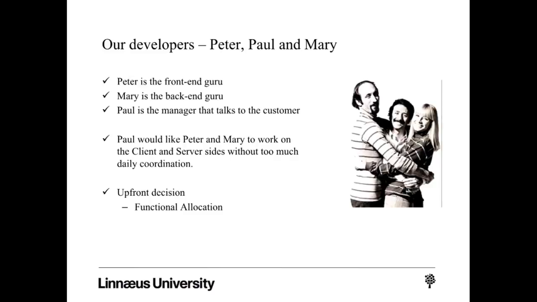If Peter and Mary don't communicate about this before they branch out, we might end up with a client and a server that has overlapping functionality. So we need to allocate functional responsibilities to, in this case, the two subsystems we have, client or front-end and back-end. We also need to agree upon how to implement or how to achieve various qualities. For instance, security.